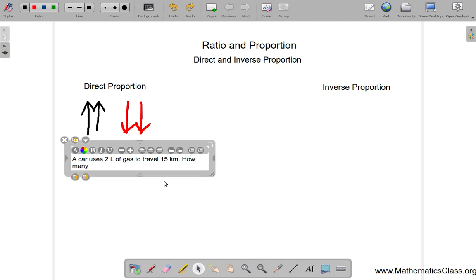How many liters would it use to travel, let's say, 23 kilometers? All right.